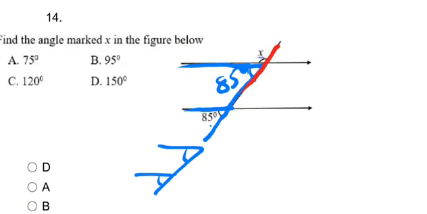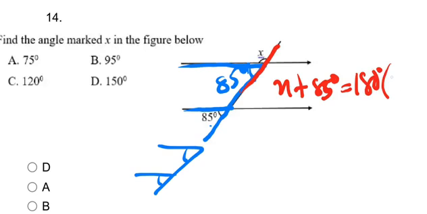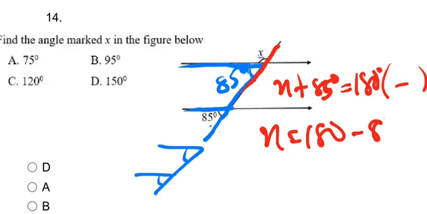Adjacent angles on a straight line add up to 180 degrees. So we're going to say x plus 85 degrees equals 180 degrees. And the reason is the sum of angles on a straight line. So that means x will be equal to 180 minus 85, and that gives what?